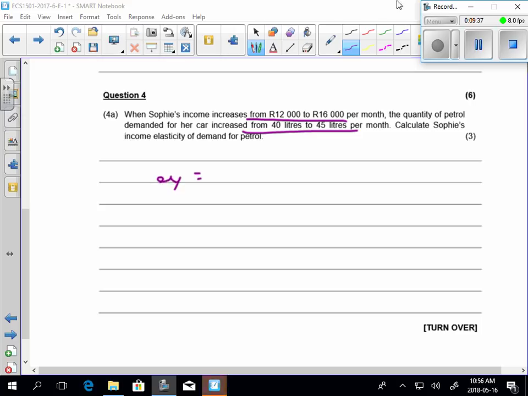Income elasticity of demand: change in Q times income, change in income times quantity. So your change in quantity was 45 minus 40 times your original income of 12,000.